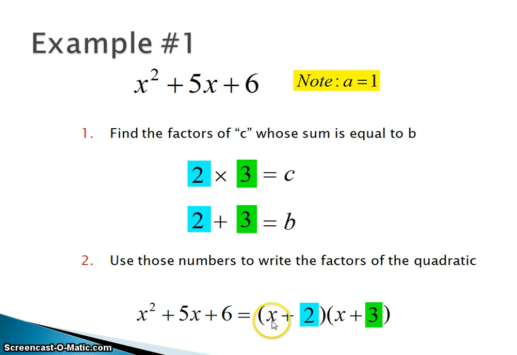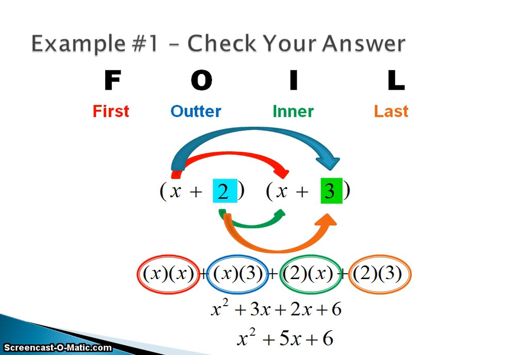But how do we multiply two things that look like this, called binomials, together? Well, that process is called FOIL. The letters stand for first, outer, inner, and last. And here is how you use this mnemonic.